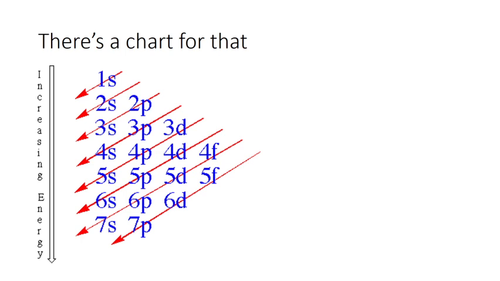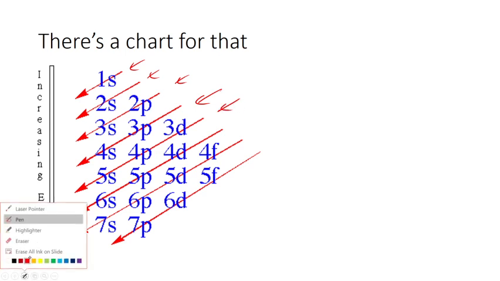Here is one version of that great diagonal arrow chart showing you the order that everything fills in. We start with 1s, then 2s, 2p, 3s, 3p, 4s, 3d, 4p, 5s, and so on.